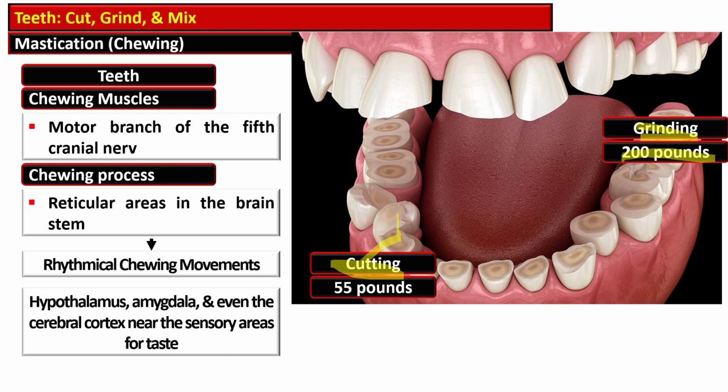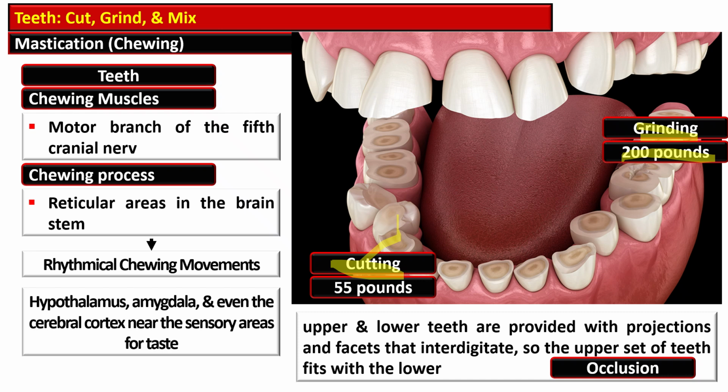There is also stimulation of the reticular area, or taste center, in the brain stem that will result in rhythmical chewing. Hypothalamus, amygdala, and even the cerebral cortex are responsible for the chewing movements.